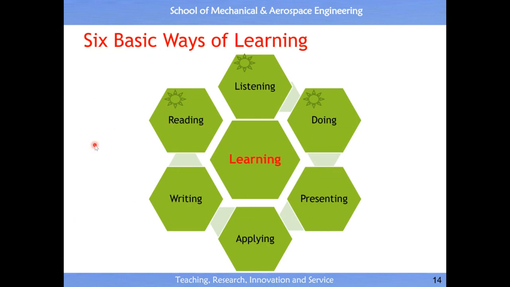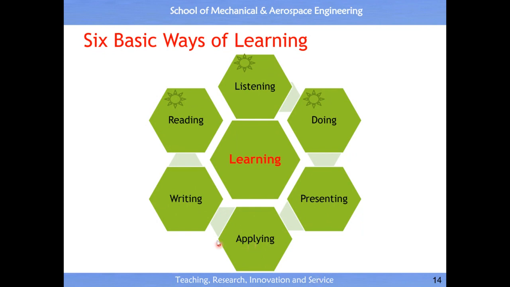And this slide is just for you to know. There are 6 basic ways of learning, and reading the textbook, listening to lectures or tutorials, and doing practice or projects are very important. Then you present your results, the outcome of your learning, and eventually you can write your report and apply whatever you have learned to do a mini project or to demonstrate something, a small application.